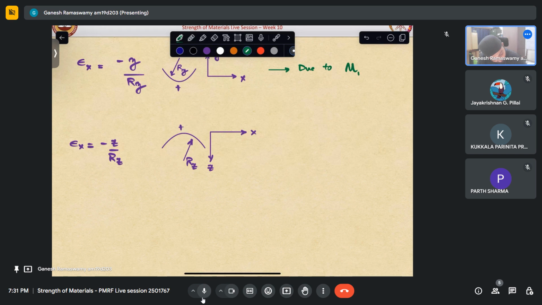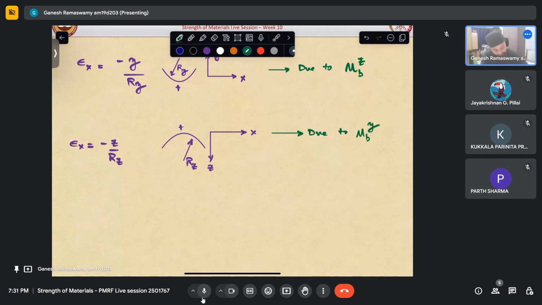So this is due to bending moment about z. This is due to bending moment about y.